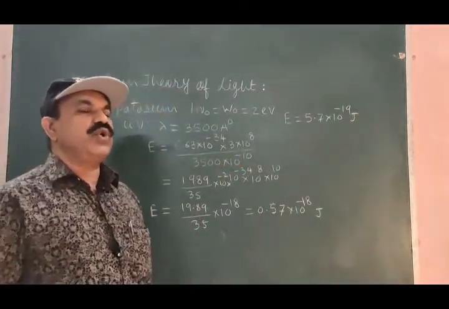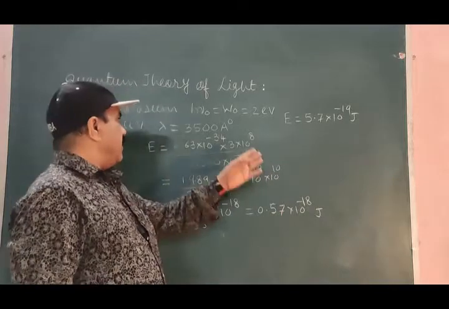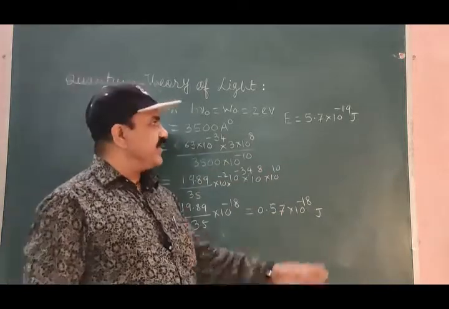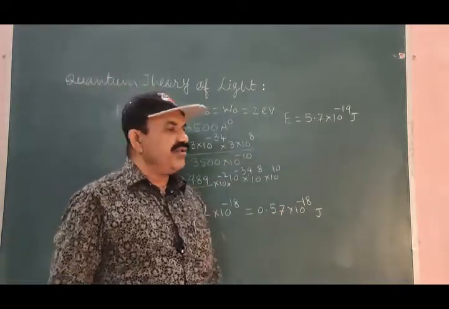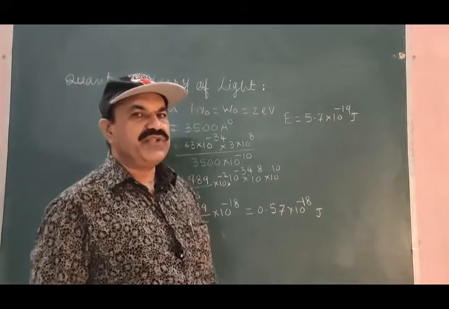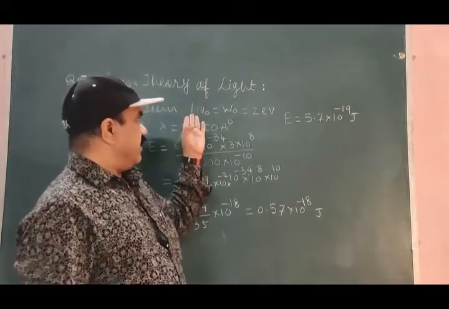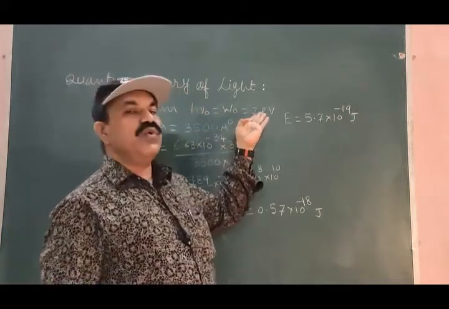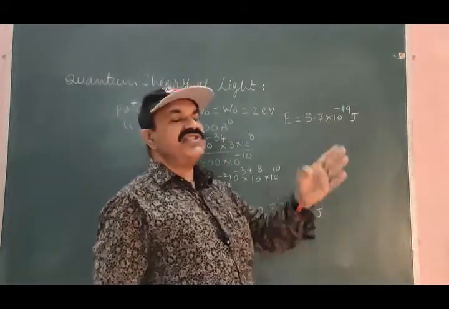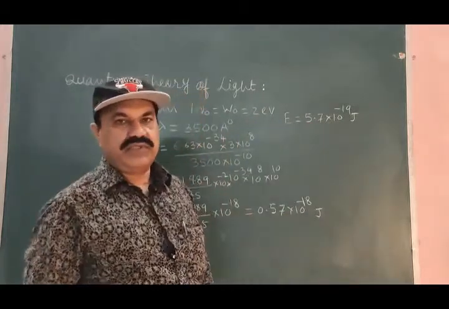So energy of the photon of ultraviolet light is 5.7 into 10 to the power minus 19 joules. Work function given is in electron volt. So we have to convert this energy in electron volt.